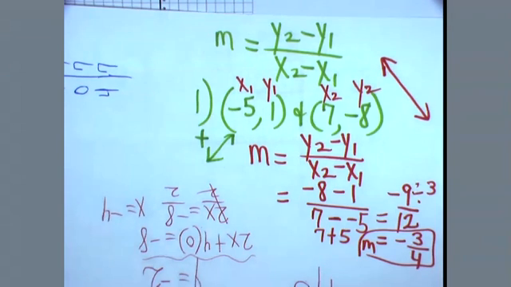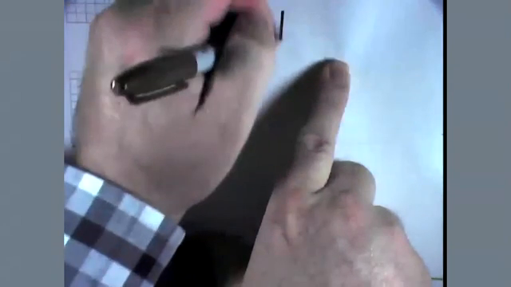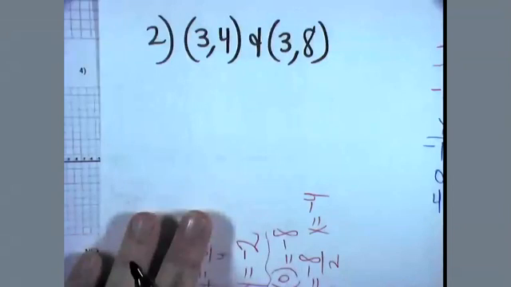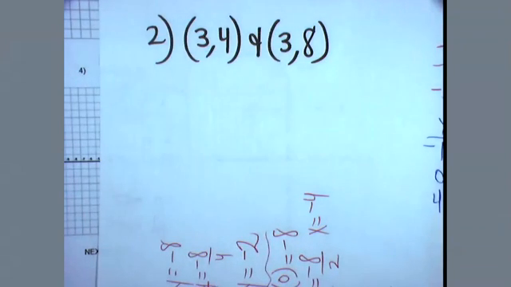All right, let's look at this example. All we're doing here is finding the slope between the 2 points.